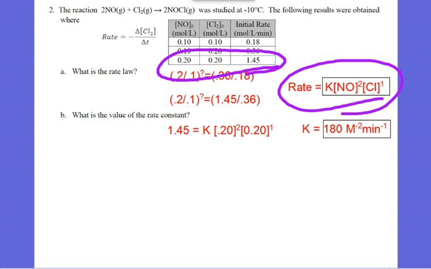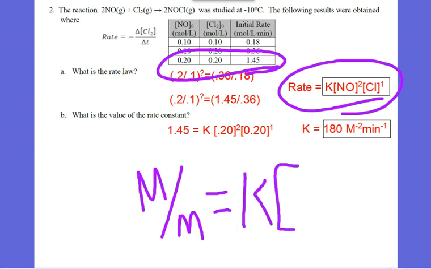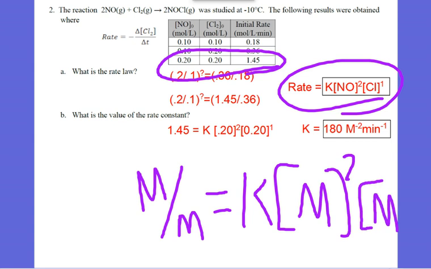I did exactly what we were talking about a second ago. I have molarity per minute equals K, and then I have molarity squared times molarity to the first, and K has to make the two sides equal. So definitely K is per minute, as you can see here.